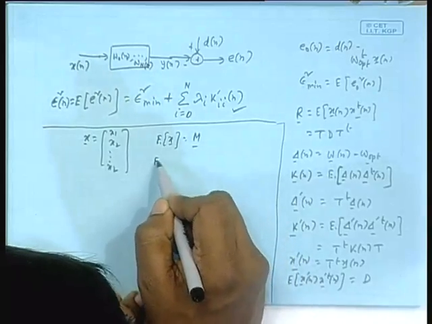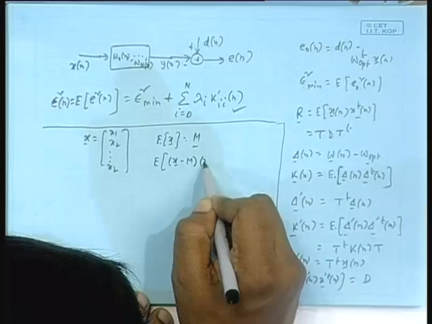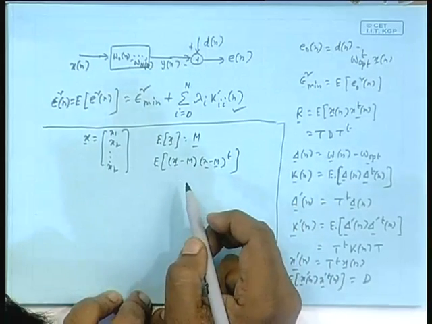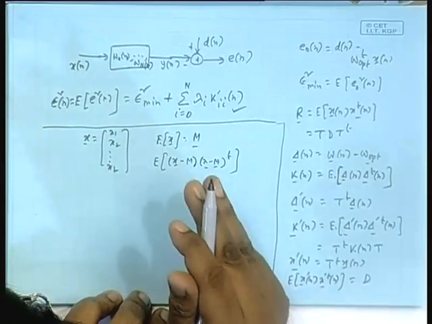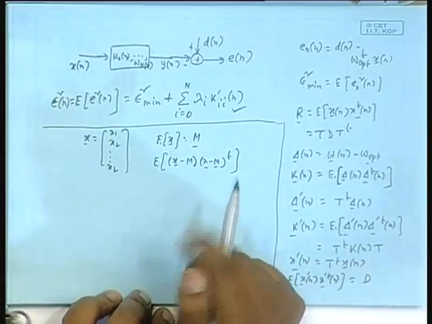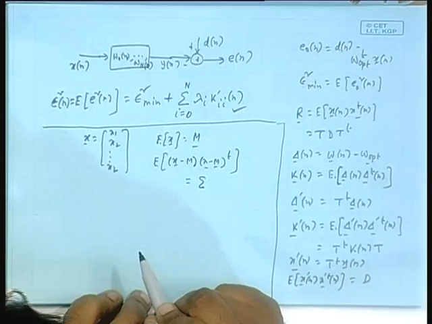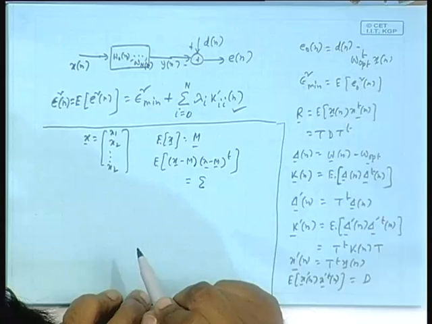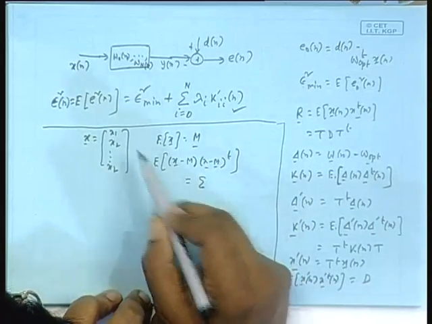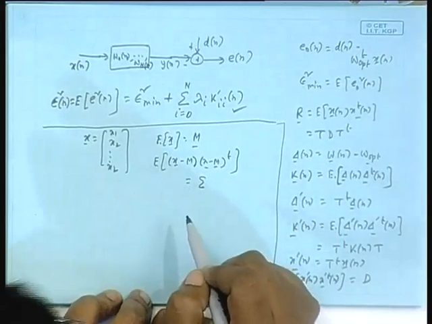And E of (x minus m)(x minus m) transpose is the covariance matrix. See, these are repetitions; all these definitions I gave at the very beginning of this semester. You can call this sigma, the covariance matrix. In the special case where m equals 0, the zero mean random variables, sigma is nothing but the correlation matrix; correlation and covariance matrices are the same then.